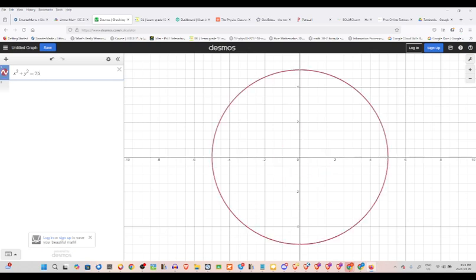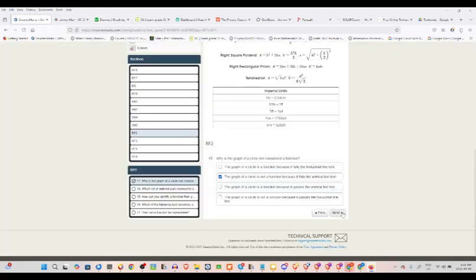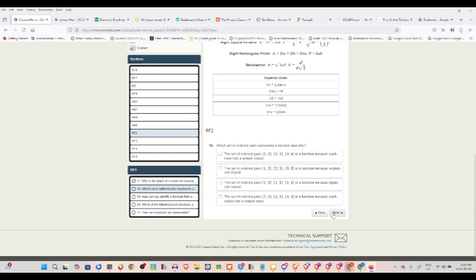So if we say 25, that gives us a circle of radius 5. And if we have a vertical line anywhere between plus and minus 5, it'll intersect it at 2 points. Actually, x equals 3 would make it a little bit nicer. Then we'd have nice, clean 3, 4, 5 Pythagorean triangles. So that is why a circle is not a function.